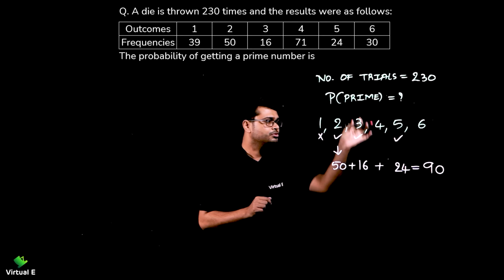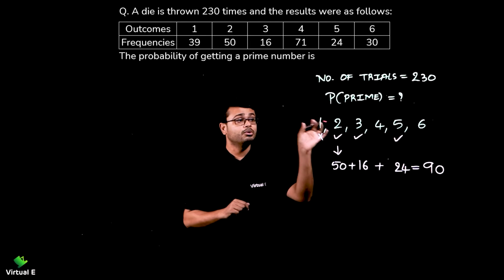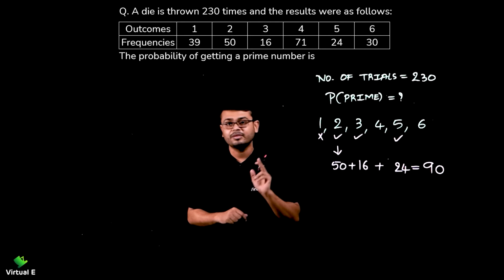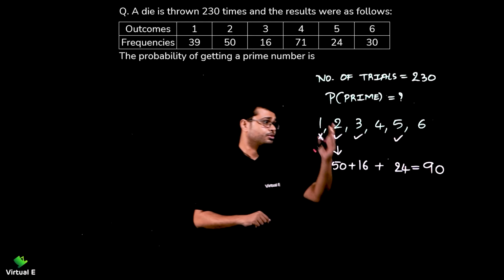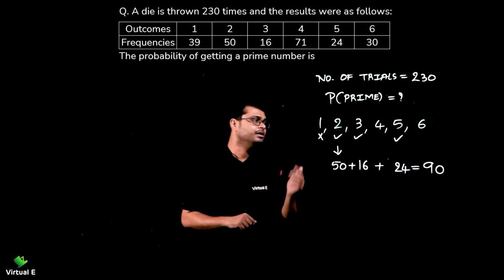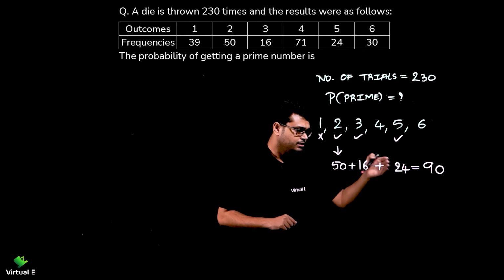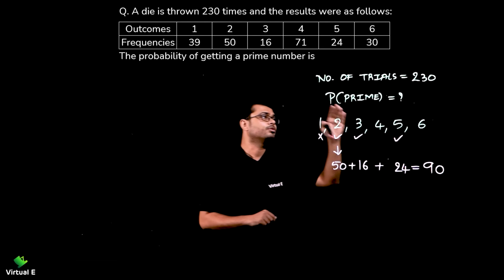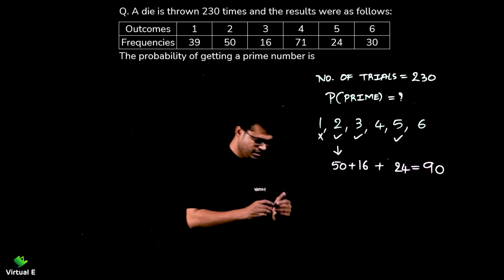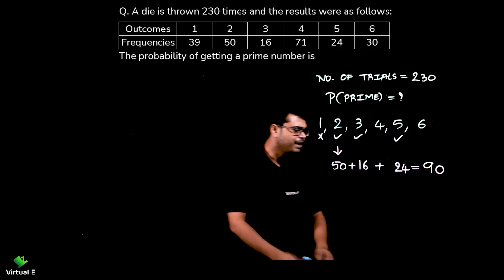Remember, we are supposed to talk about prime numbers. Don't take 1 there. 1 is neither prime nor composite. So 2, 3 and 5 are the prime numbers. Take their outcomes, add them up, as we want to find only for the prime numbers. Now let's get the probability.